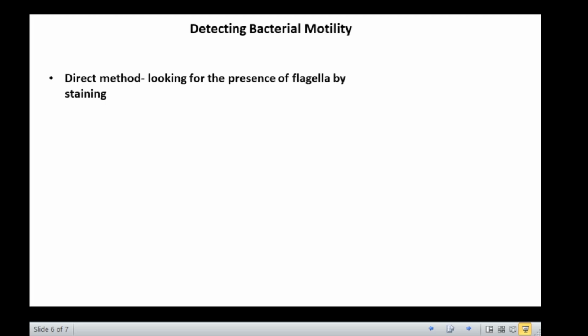Flagella can be coated with dyes like pararosaniline or basic fuchsin along with a mordant like tannic acid. The binding of the dye adds extra width to the otherwise very thin flagella, allowing them to absorb light, making them visible. If a bacterium possesses flagella, it is presumed to be motile.